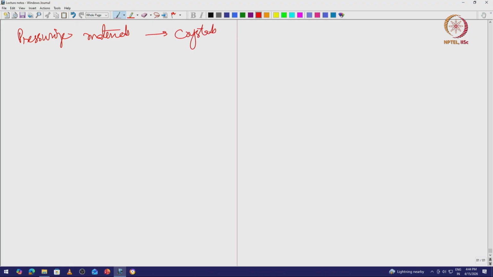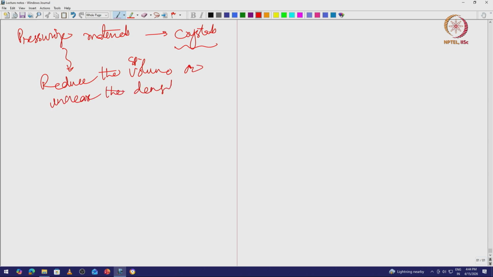How is diamond formed? Diamond is formed by pressurizing, right. So by pressurizing I reduce the volume, specific volume, or increase the density of materials, right. This I sort of know.